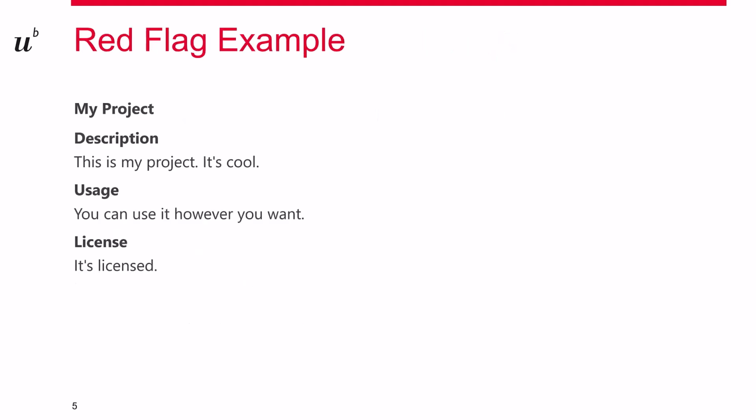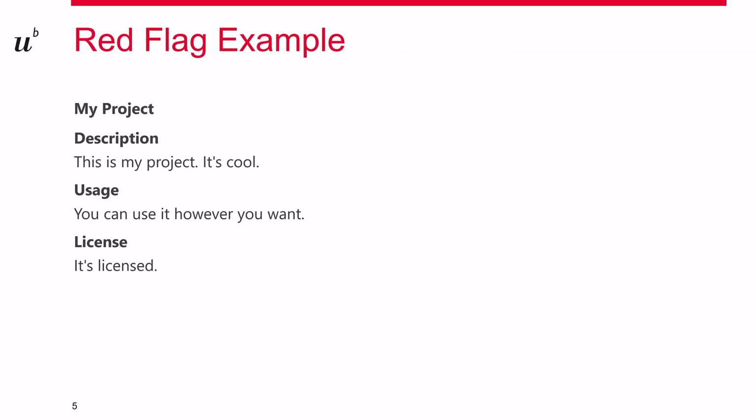So we go through the first point, a red flag example. Here I ask an LLM, give me a bad example, before I show you actually controversial examples from the real world. This already has a nice structure, I have to say: a description, usage, a license. But what's written down is, of course, not sufficient at all. The description is meaningless.